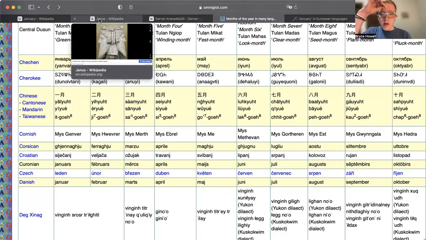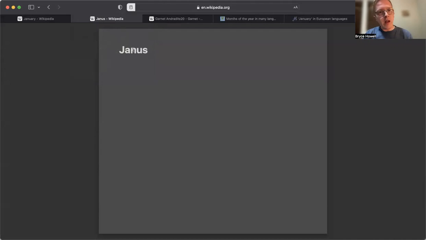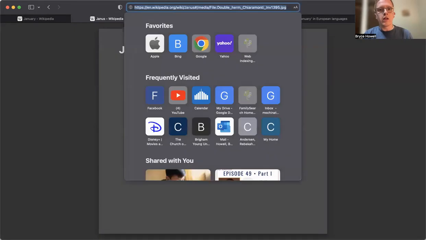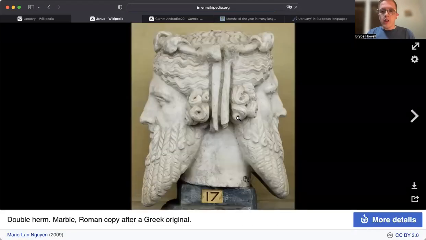But at least in English and languages that are related to it, or from Indo-European, the root comes from the Roman god Janus, which you can see on the screen here.